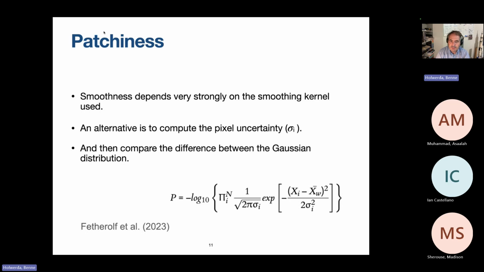So that sort of gave us a bunch of parameters to begin with. And then suddenly, 20 years later, we now have Dr. Fedorov. She proposed this parameter, smoothness, but our problem is that smoothness depends so much on the smoothing kernel.